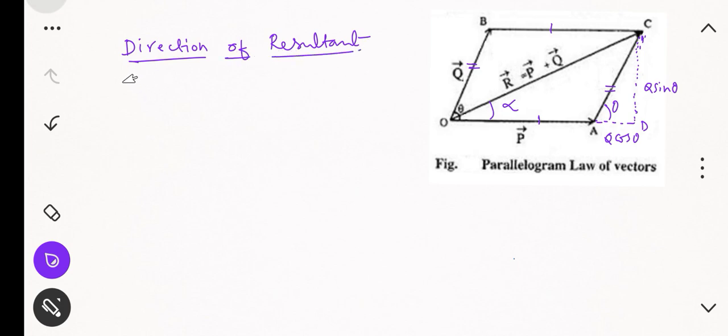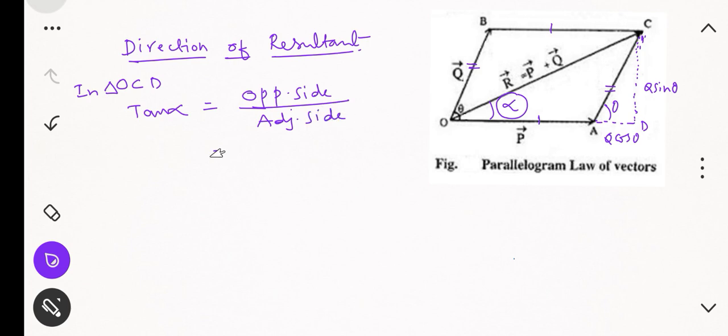Now take the triangle OCD. In triangle OCD, apply tan alpha. Here the angle in the triangle OCD is alpha, so we have taken tan alpha, which is equal to opposite side by adjacent side.